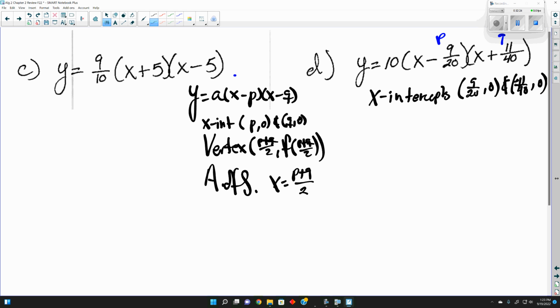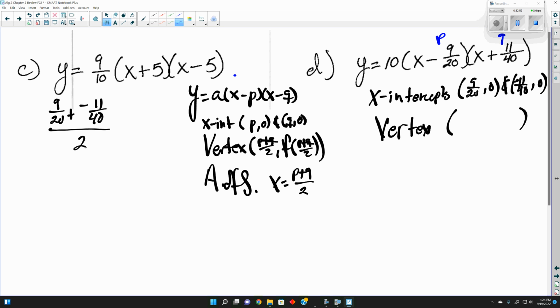Questions on this so far? Now the next thing defined is the vertex, which is our p plus q over 2. Well, I'm going to write it over here to the side. Y'all can write it below it or somewhere else. So we have 9/20 plus negative 11/40 over 2.